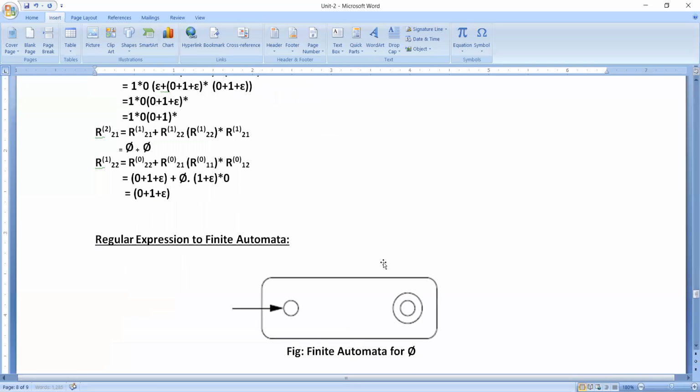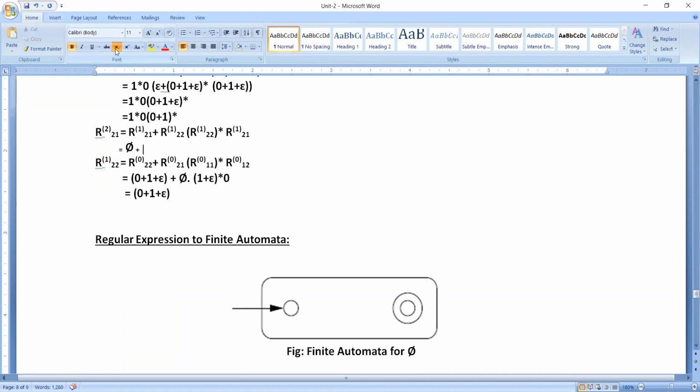So again what we have to do, 0 plus 1 plus epsilon whole star into R power 1 of 2 1, which will be 5 only.